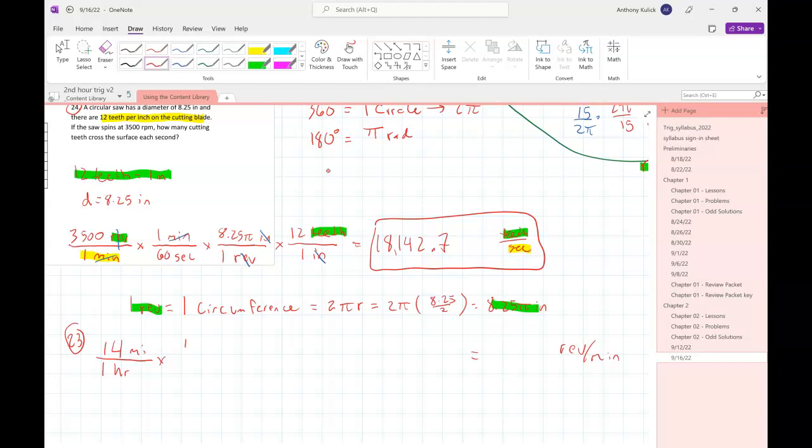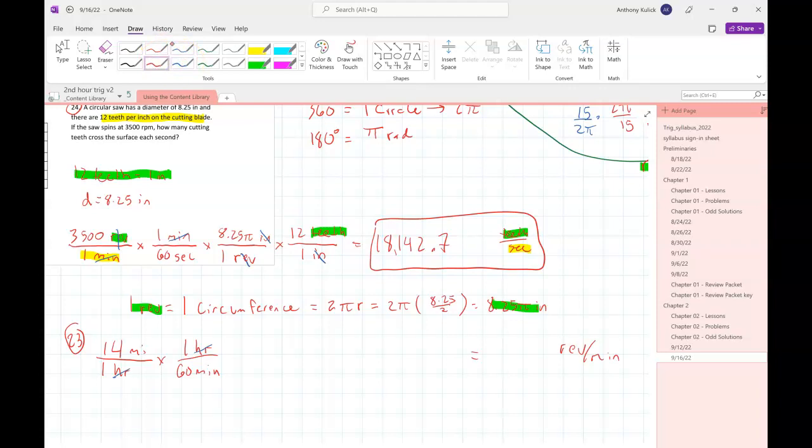So, first things first, I'll start by converting hours into minutes. 1 hour is not 1 minute. That would be some weird time dilation going on. So there's that. And then somehow I have to convert miles into revolutions.